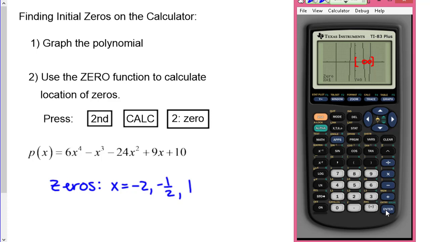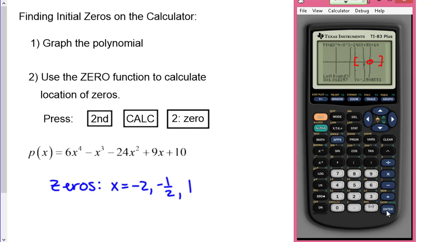All right, let's do this last one. So now the last one, if I do second calc and 0, here's what I'm going to do. I'm going to give the left bound as 0 and the right bound as 3, just so you can kind of see what happens when there's 2 zeros on your range.